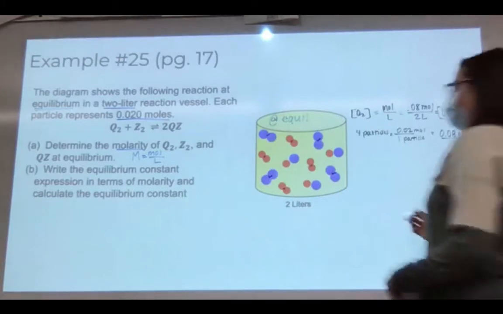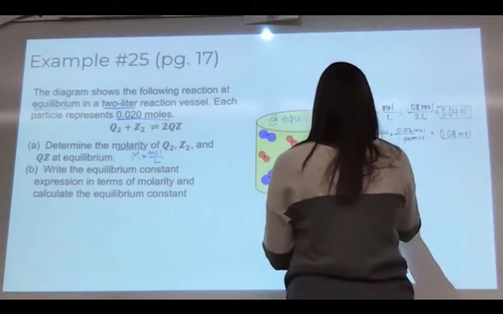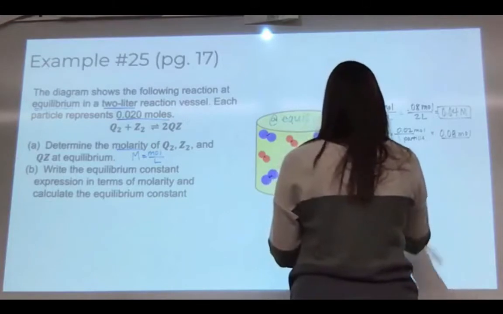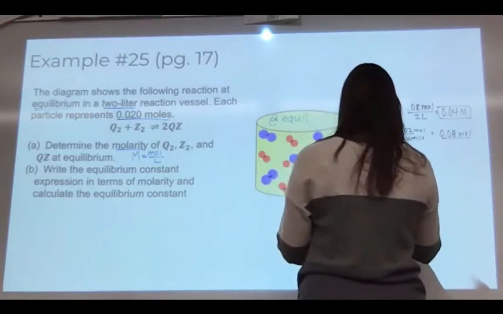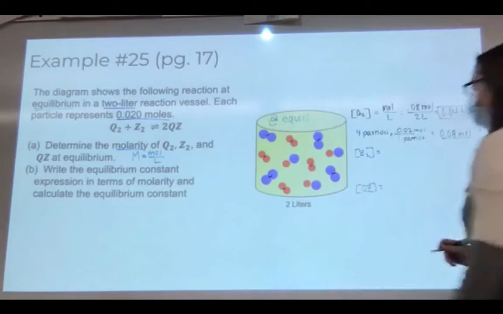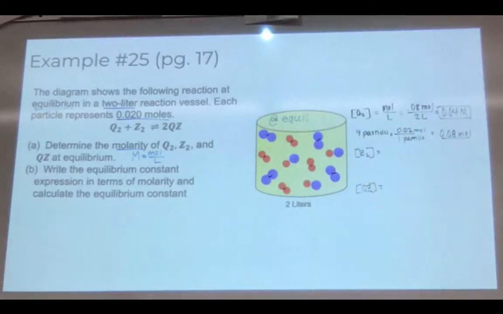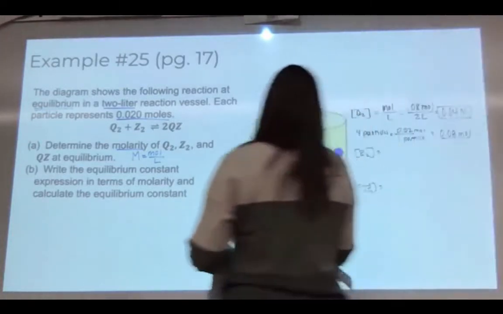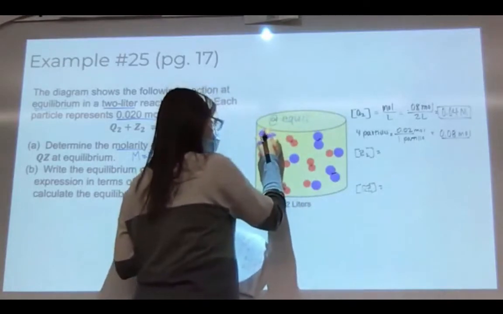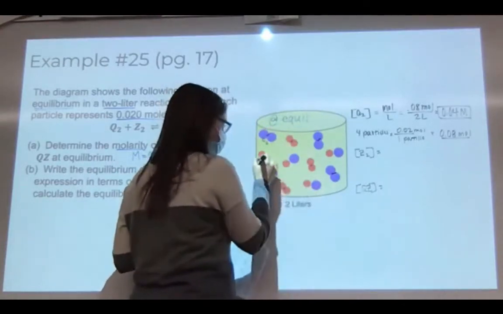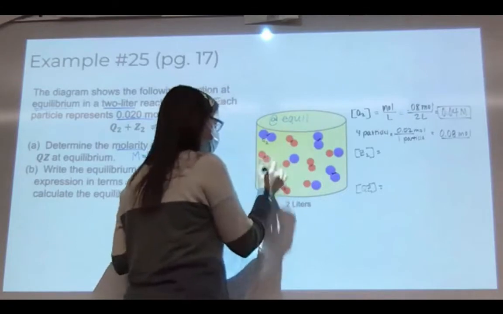So then we need Z2 and we need QZ. We're trying to find the molarity of all 3. So if I said that the blue was Q2, the red will be Z2.